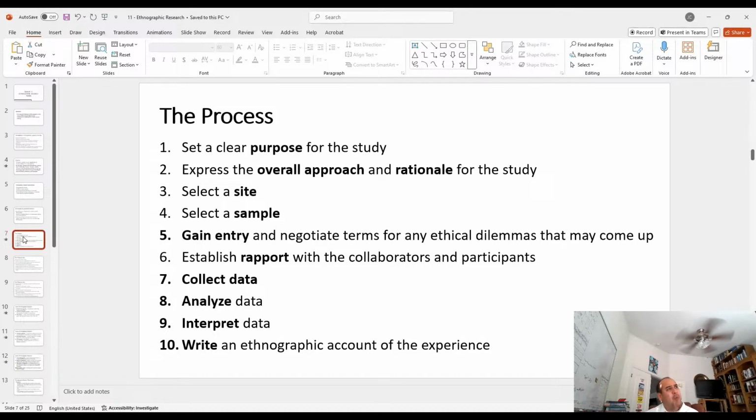You establish rapport with the collaborators and the participants, and that means that they have to know you, you have to know them, right? The study that I'm doing right now, the workforce study, is requiring some observation, but I'm only able to be there because we're there. The people that selected those people into that program are there with us.